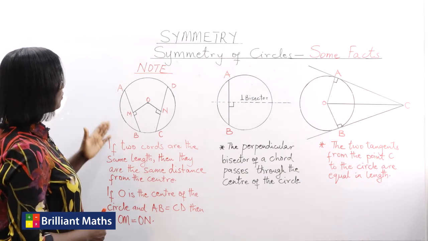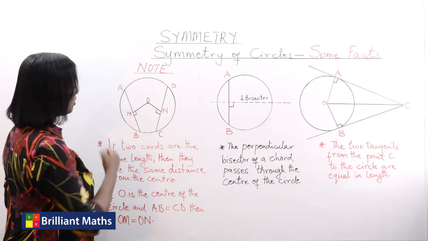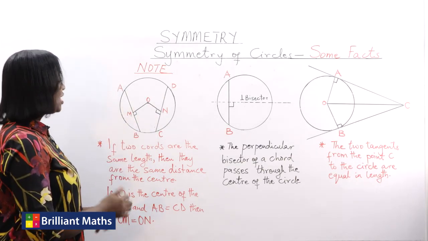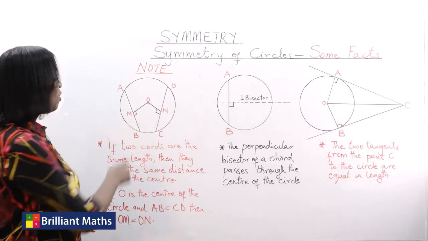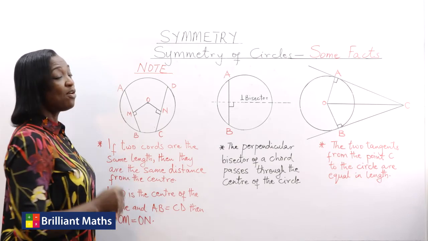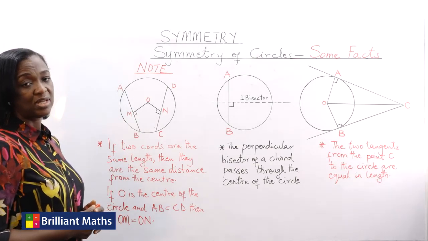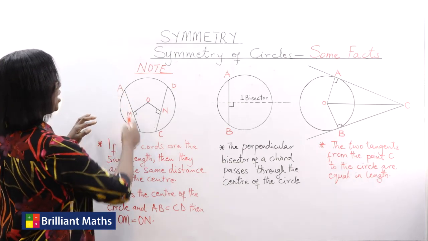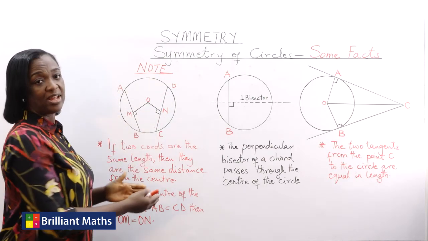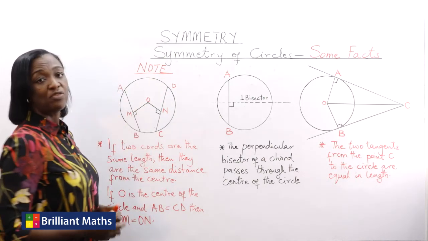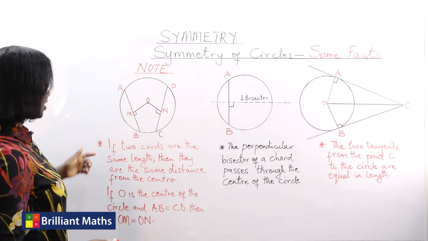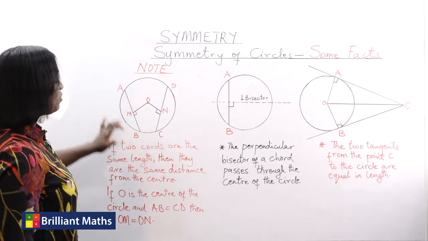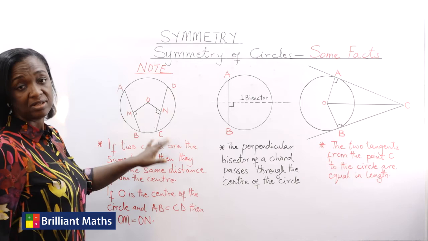What this fact is saying is if AB is equal in length to CD, then both chords are the same distance from the center of the circle. That implies that OM is equal to ON if AB is equal to CD.